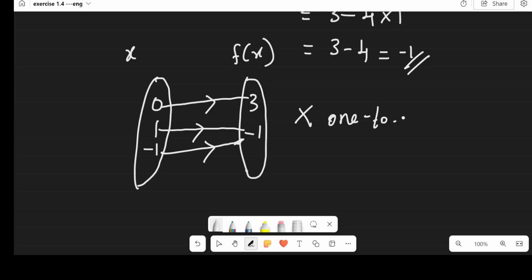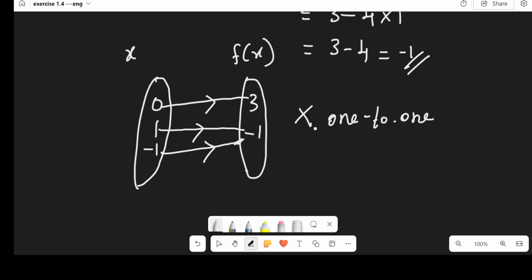So there is no need to check whether it is satisfying the onto condition. Already it is showing that it is not a bijective function. Okay, why? Because it is not a one-to-one function. All the elements of the first set should have the relation, but all the outputs should be unique. Here, for two different inputs, we are getting the same output.